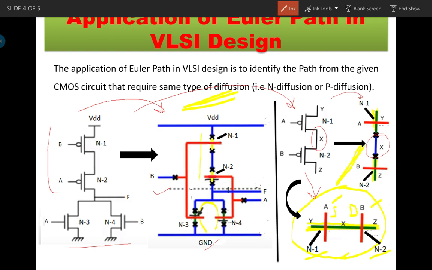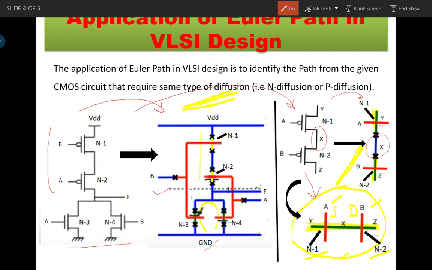Similarly, the same diffusion path is on the upper side and the same diffusion path on the lower side. So our aim is to find the path in the circuit that involves the same kind of diffusion, and all those transistors will be shown with a single diffusion rather than joining each transistor with a metal contact. That is the major application of the Euler path in VLSI design.